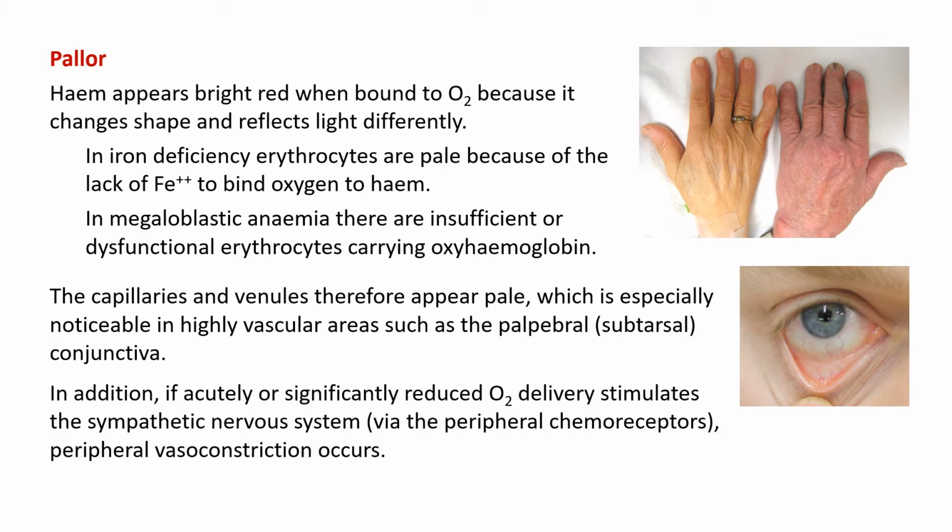If that happens, of course, the sympathetic nervous system causes peripheral vasoconstriction. So it wants to divert all the blood to the major organs to give them preferential perfusion. It vasoconstricts blood to the skin, to the periphery. And of course, if you get vasoconstriction, it's the same as if you're cold and you're trying to conserve heat. If you get peripheral vasoconstriction, the skin appears pale.